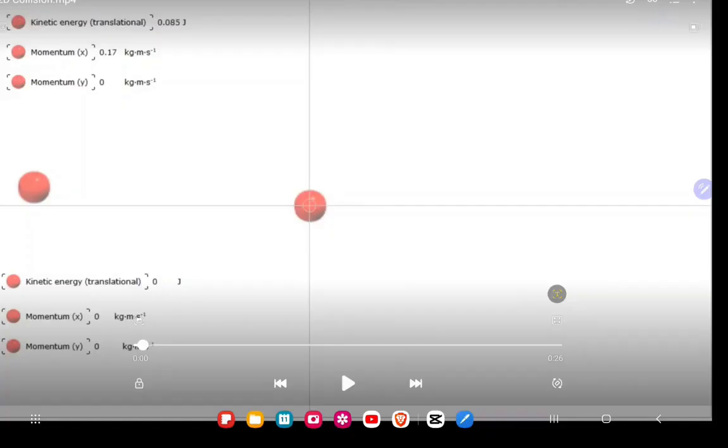Now let's see this model here. The kinetic energy for this object here is 0.085 joule. The momentum on x is equal to 0.17 kilogram meter per second, and there's no momentum on y whatsoever. The other ball has kinetic energy equal to 0, and no momentum on x or y. Now, after the collision, let's see what's going to happen.